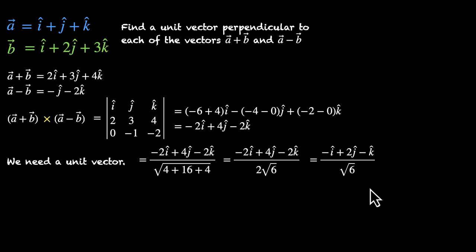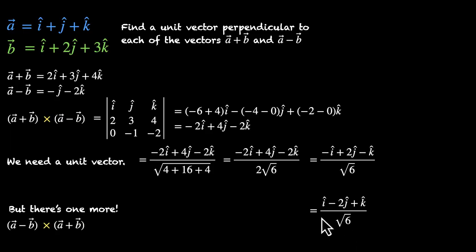So are we done? Nope. There's one more vector. We took the cross product of a plus b and a minus b. So this gave us one vector. There's another vector that's opposite of this. We could have also done a minus b cross a plus b. So this will give us a vector that's in the opposite direction, same magnitude.